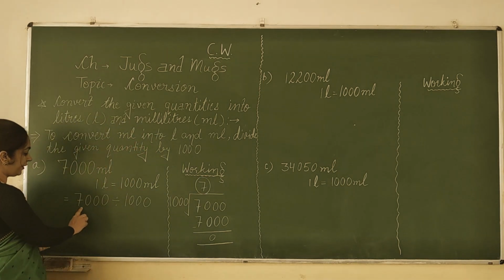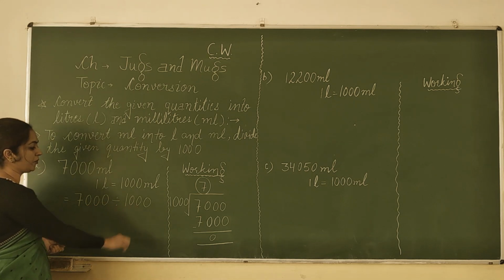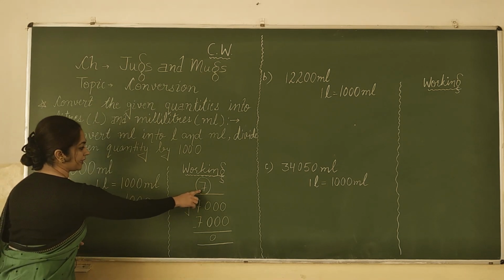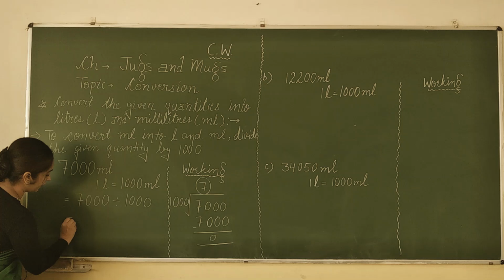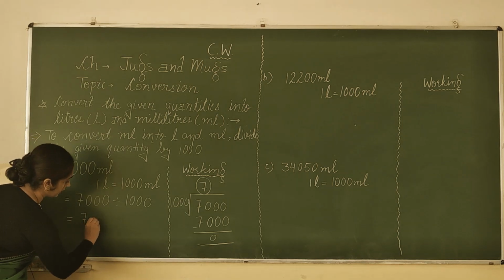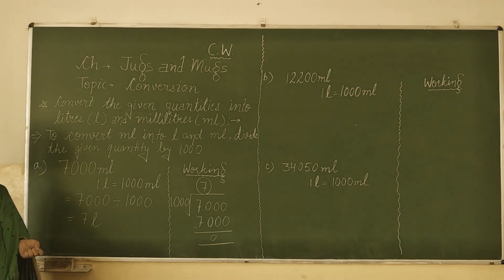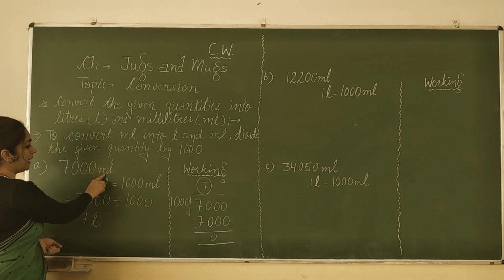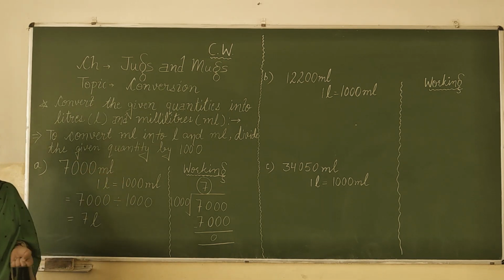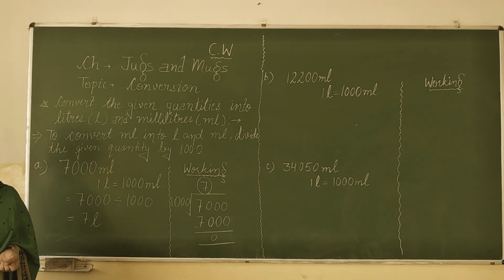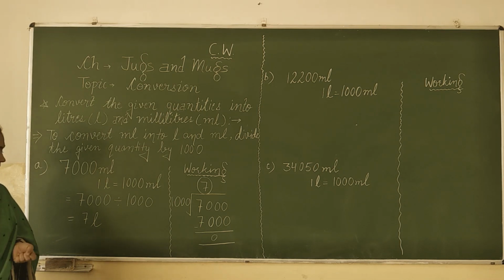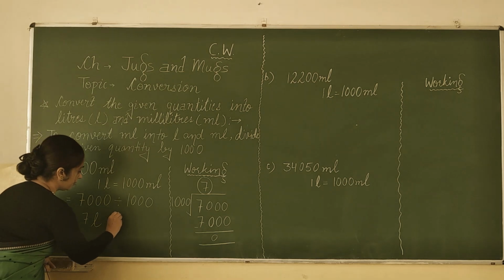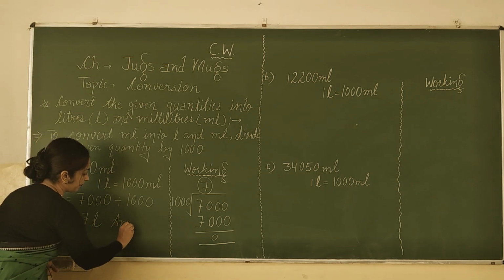So when we divide 7000 by 1000, we will get 7, and this 7 is liters. So when we divide 7000 milliliters by 1000, we will get 7 as our answer. Our answer will be 7 liters.